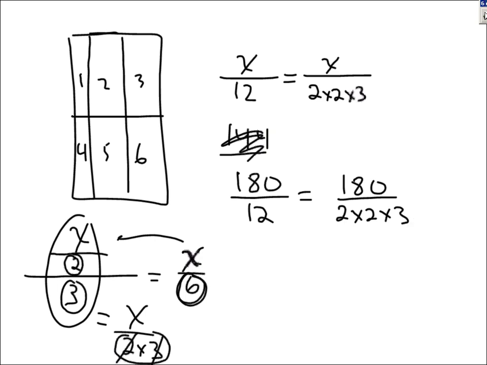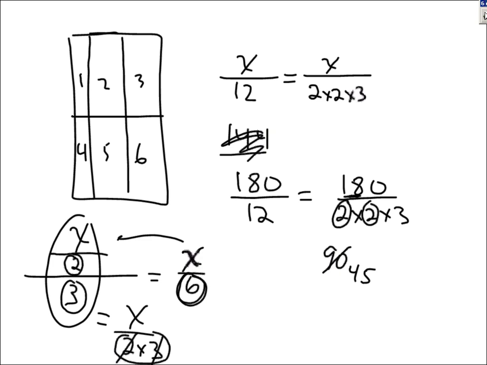I would say, well, 180 divided by 2 is 90. That's almost dividing 18 by 2. 18 by 2 is 9. 180 divided by 2 is 9 with a 0. Okay? 180 divided by 2 is 90. 90 divided by 2 is 45.